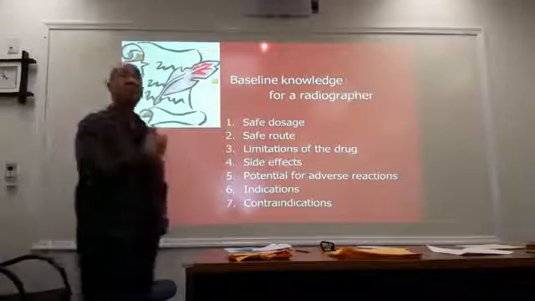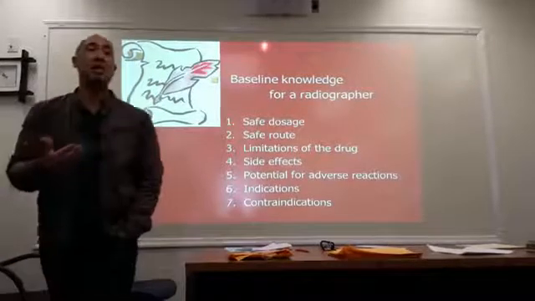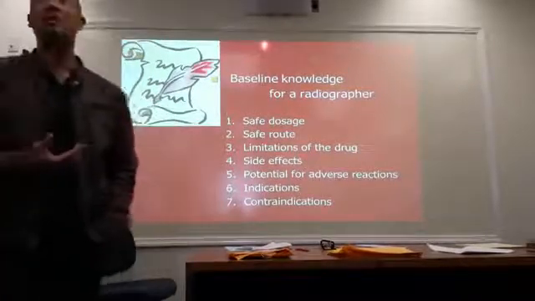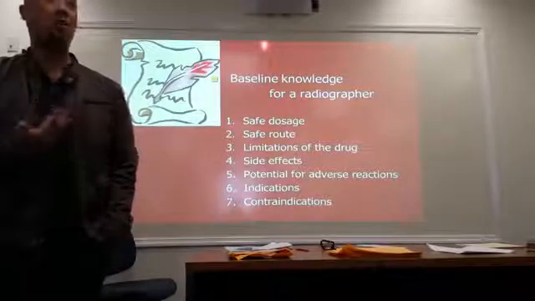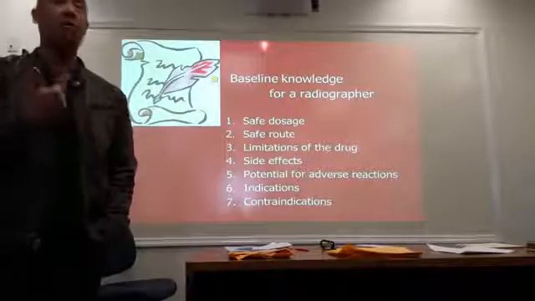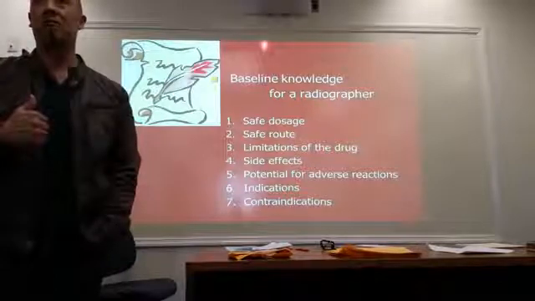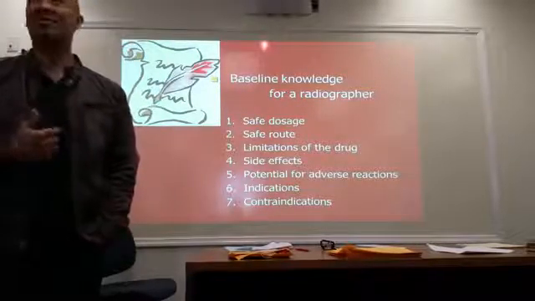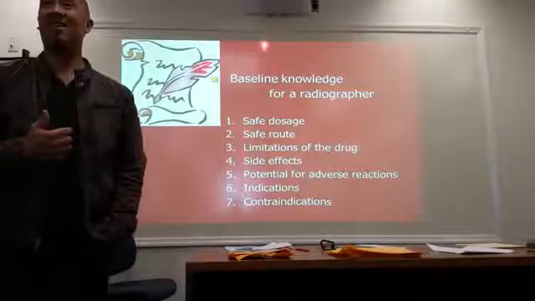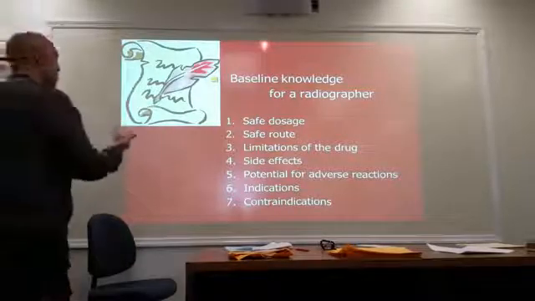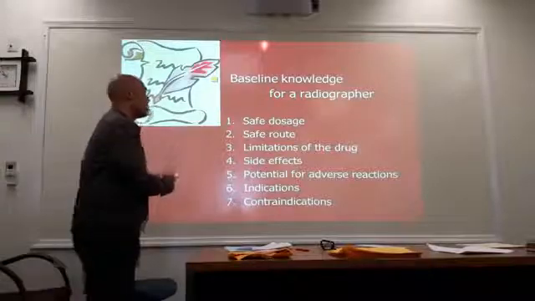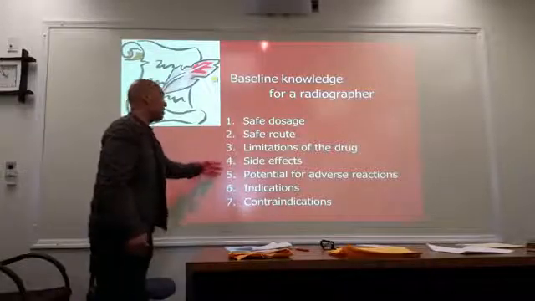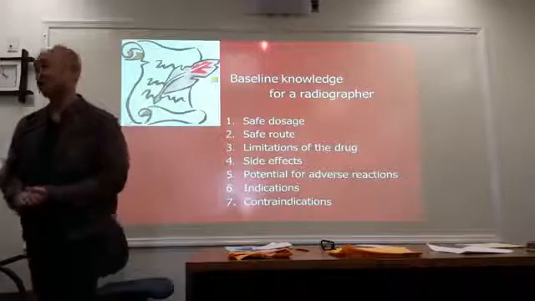Safe route. We're going to be talking about different ways in which these contrast agents could be administered. By vein, by artery, through the joint, through the mouth, through the rectum, through the spine, through the abdomen, through the lungs. Okay, the safest route possible for that particular procedure. We're also going to be talking about limitations, side effects, and potential adverse reactions.